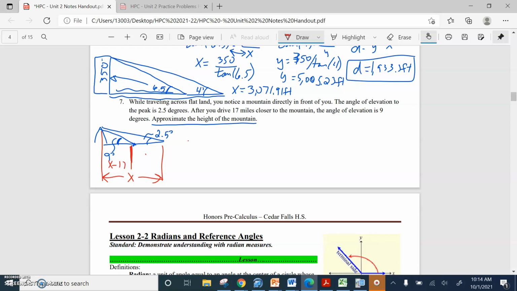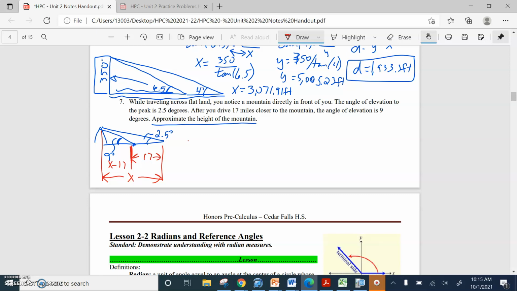The reason being, we know that the distance between our pit stops was 17 miles. So rather than calling this unknown distance another variable, we're going to call it x minus 17. You'll see why in a minute, but keeping it with one variable is very helpful.